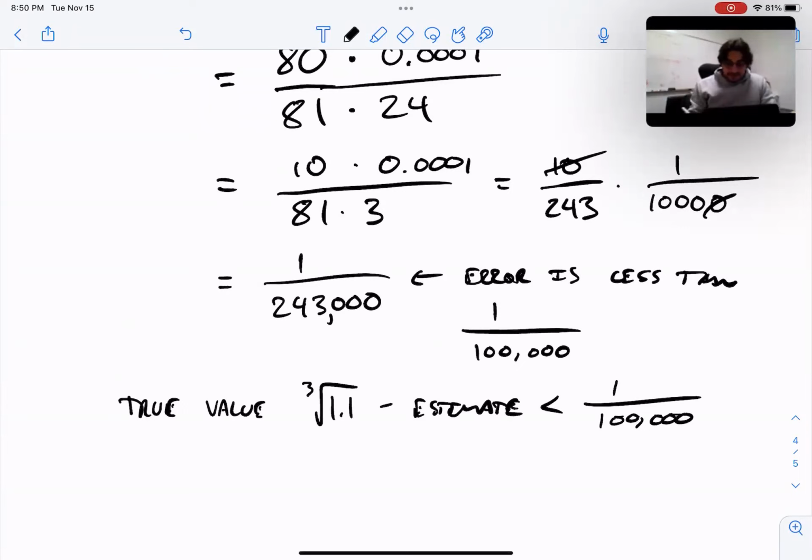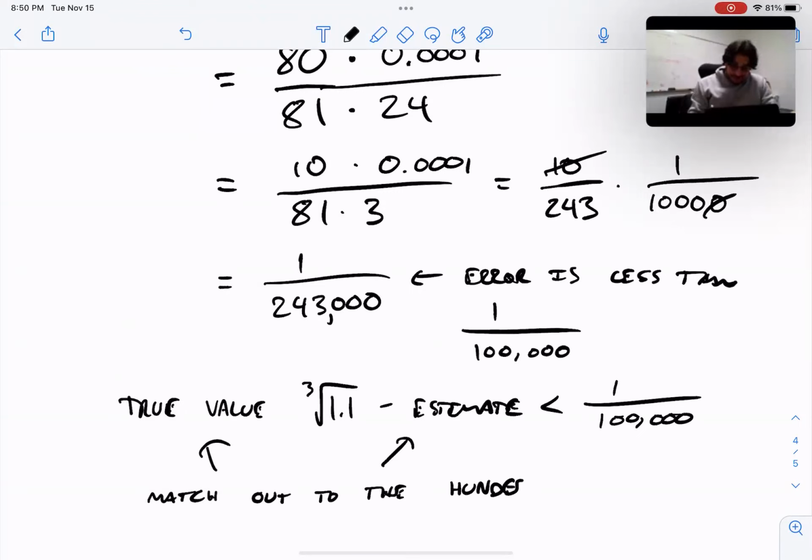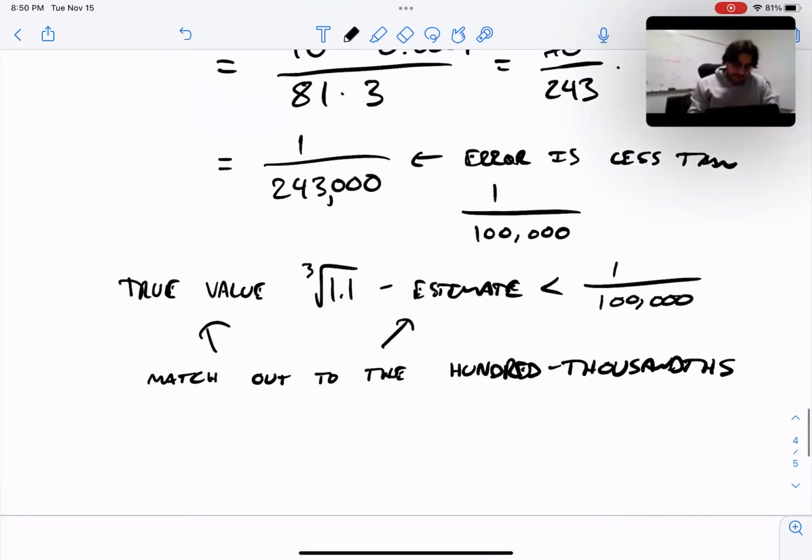So what that means is that these two values match out to the 100,000ths place, right? If you subtract these, those digits would be the same, the true value and the estimated value.